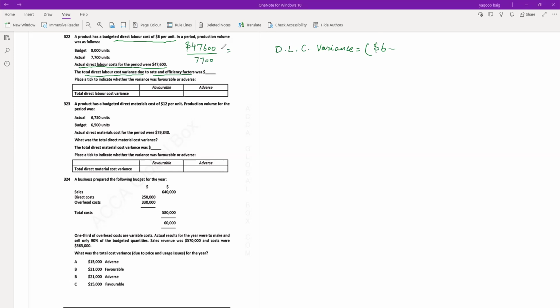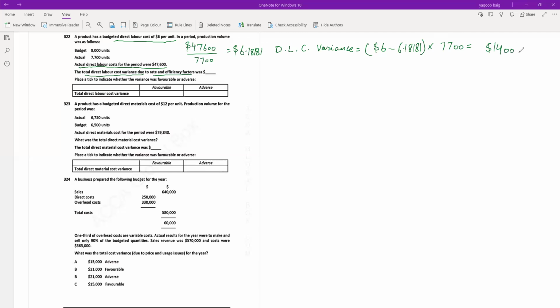47,600 divided by 7,700, we have 6.18181. 6.18181 into actual units 7,700. So we have an answer of $1,400 adverse.